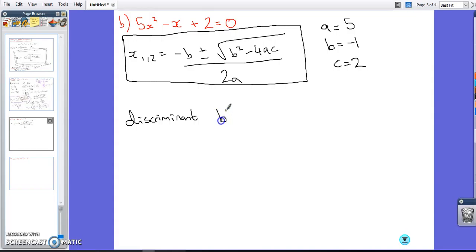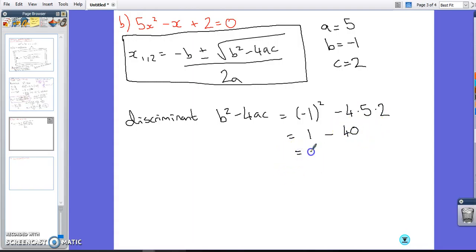So for the discriminant, we need b squared minus 4ac, which is going to be equal to, again, like in the last example, -1 squared minus 4 times a is 5 times c is 2. So we have 1 minus 4 times 5 is 20 times 2 is 40.